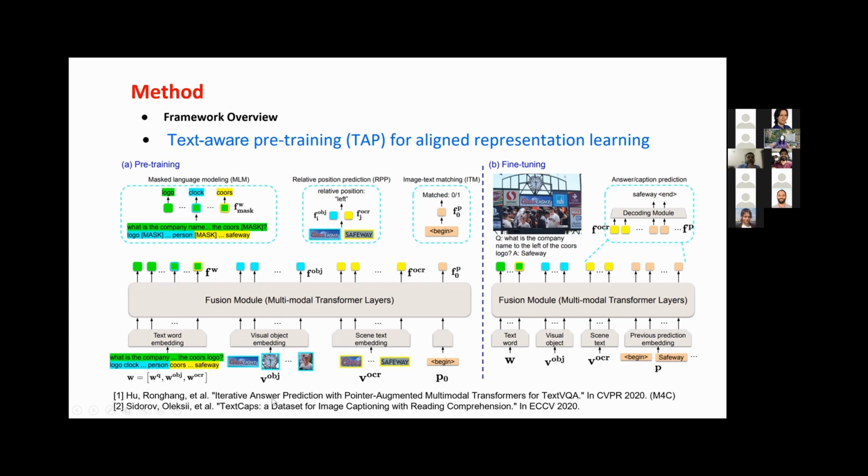We build our framework upon M4C, which is a transformer-based architecture that consists of the three previously mentioned modules: single modality understanding, joint modeling, and the output head. The input to the system is an embedded question text token, the encoded OCR regions, and the encoded object regions detected in the image.